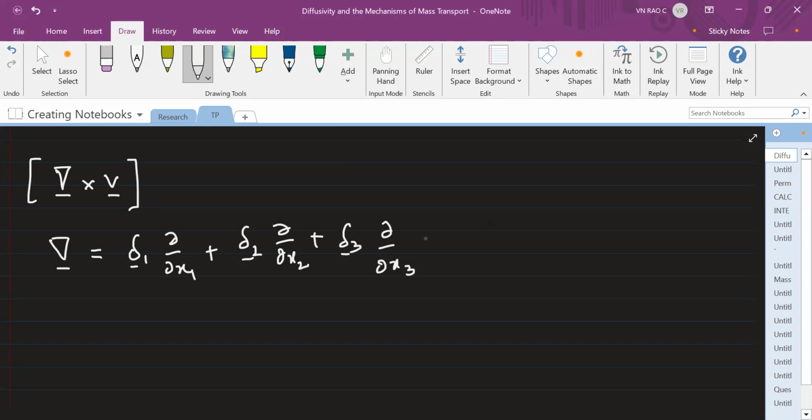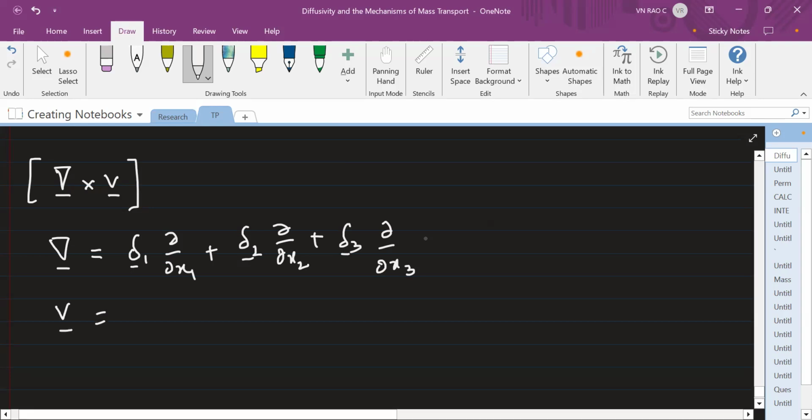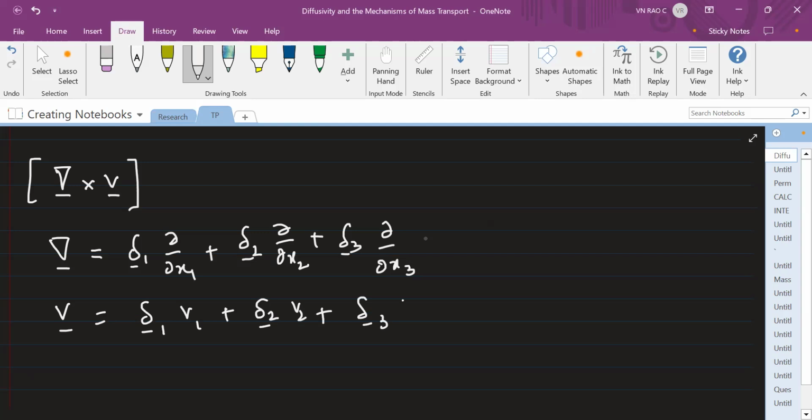So this is one vector. V vector is also a vector: delta 1 v1 plus delta 2 v2 plus delta 3 v3. So there are two vectors defined in terms of Kronecker delta.